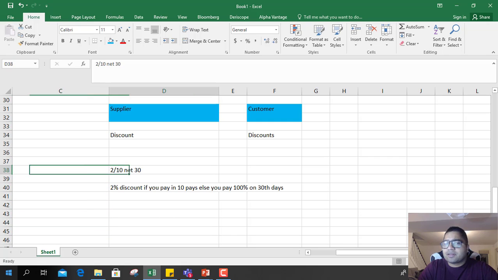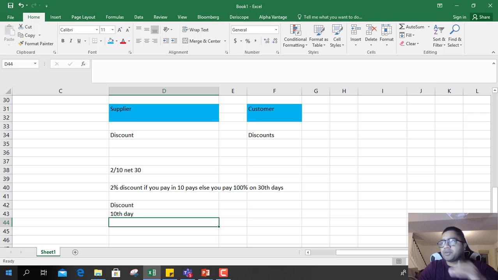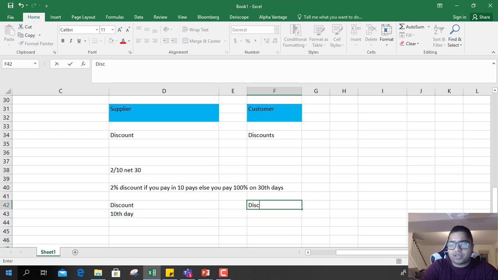Now ideally, if you're planning to take the discount, you should always pay on the 10th day, so that you can delay your payments, right, up to the maximum extent. If you're not planning to take the discount, you should always pay on the 30th day.